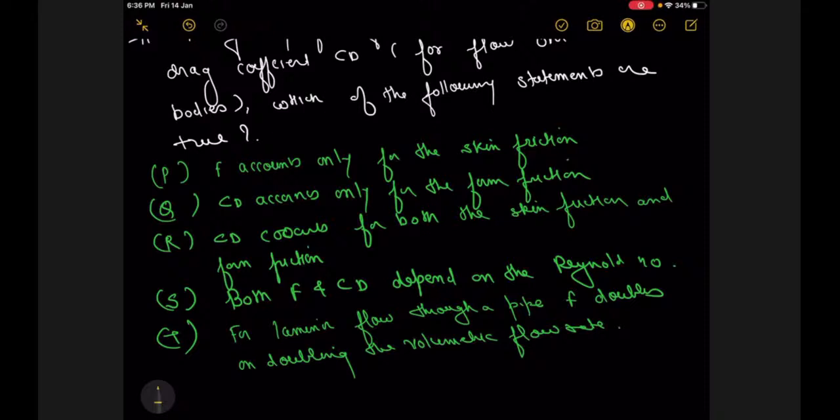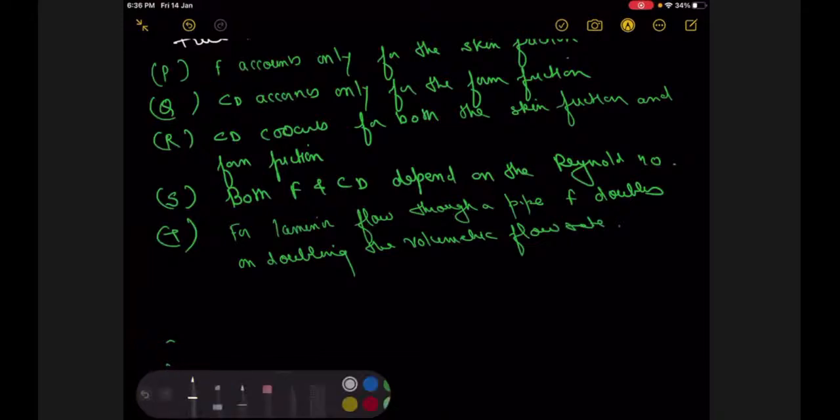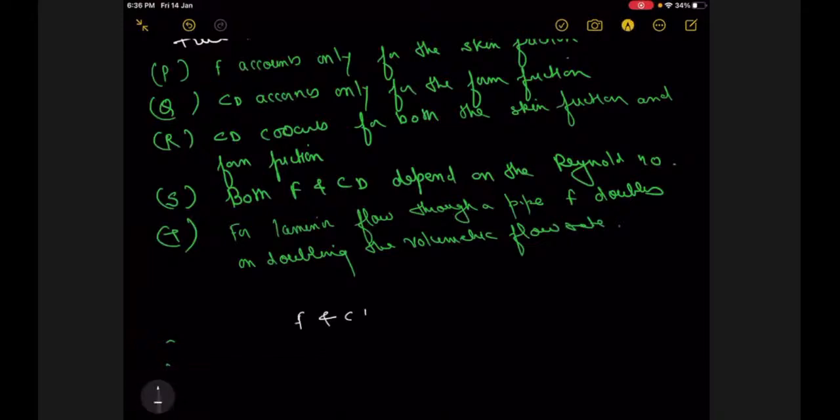Okay. So see, what is the difference between F and CD? F is friction factor, CD is drag coefficient.